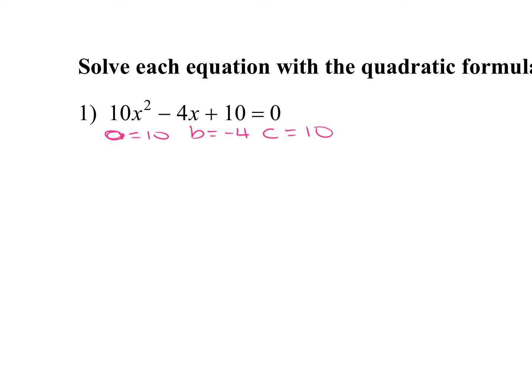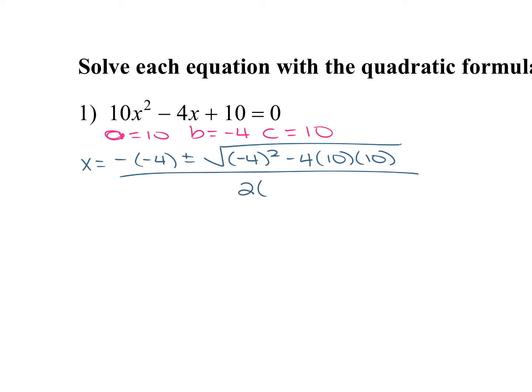So that means if we plug these into our quadratic formula, we're going to have x is equal to the opposite of negative 4 plus or minus the square root of negative 4 squared minus 4 times 10 times 10 all over 2 times 10.